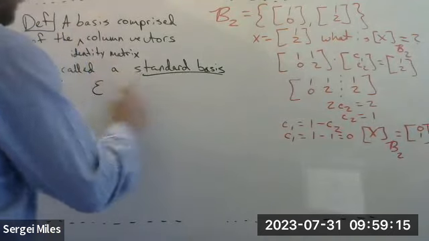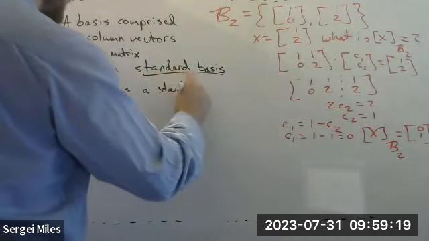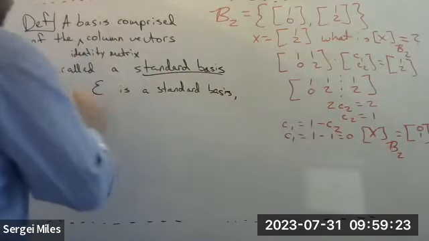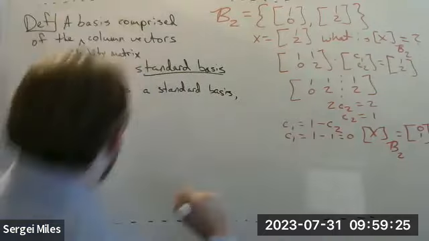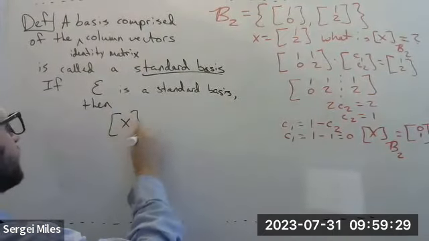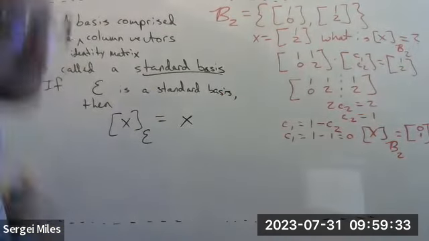so if epsilon is a standard basis, then when we try to find x in terms of this standard basis, it is always just x again.